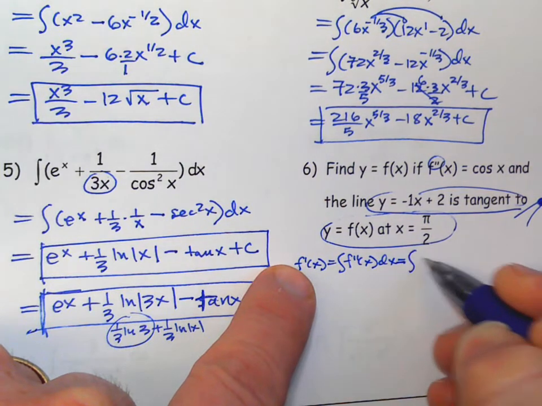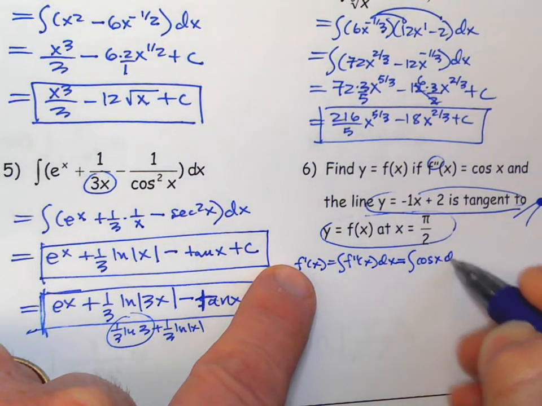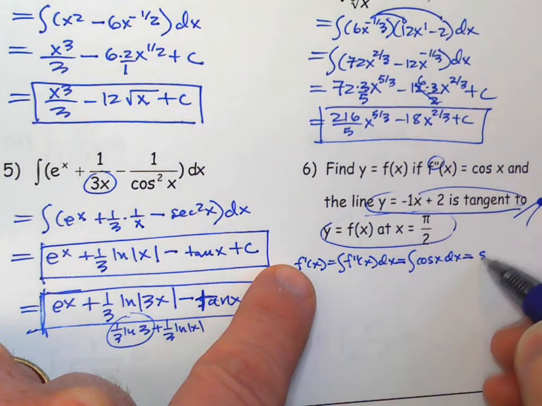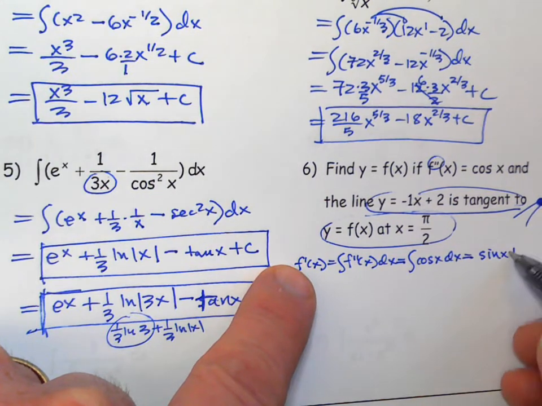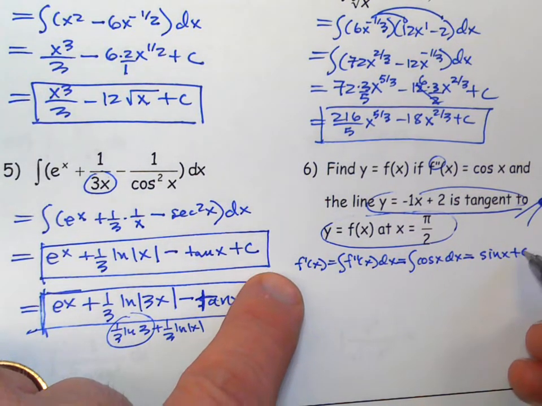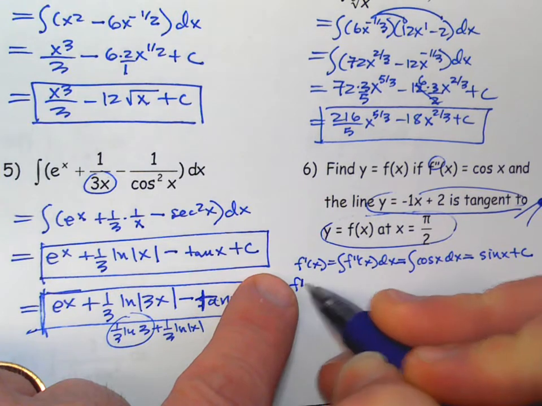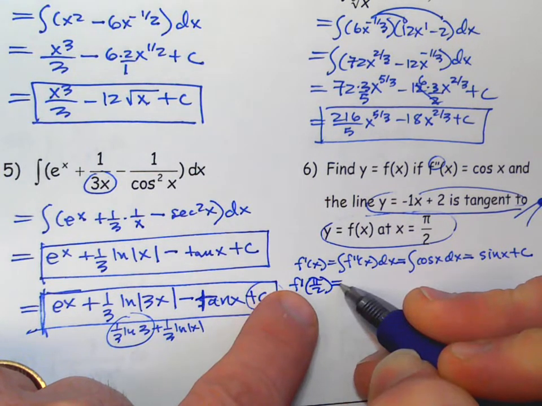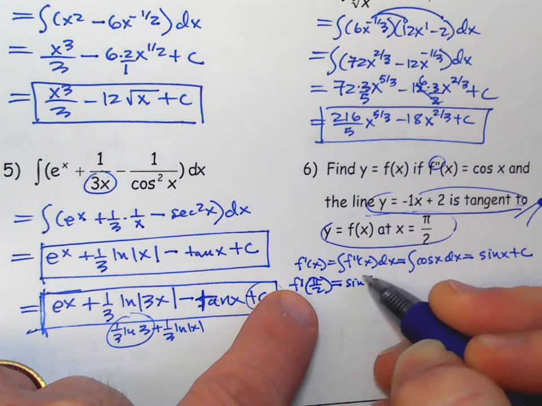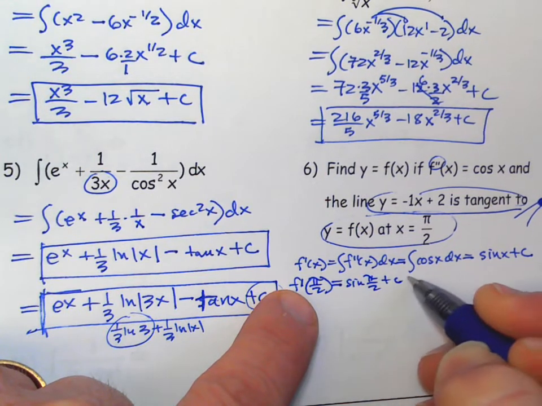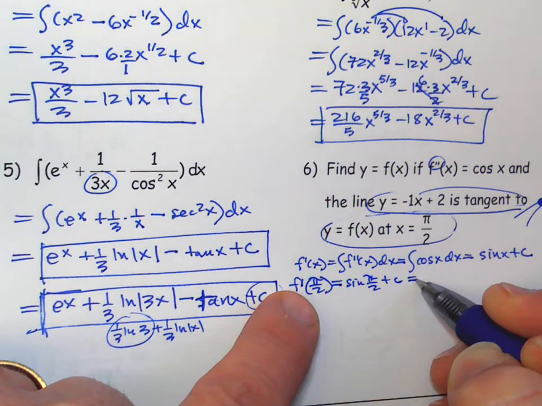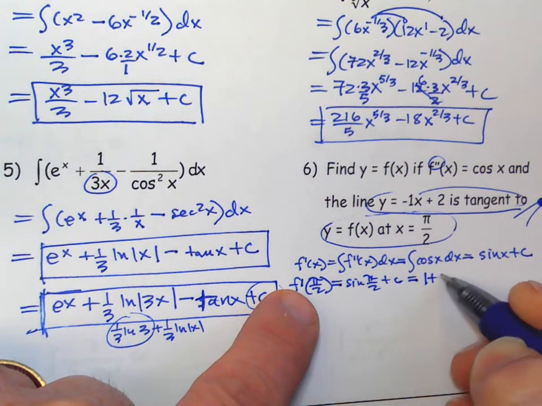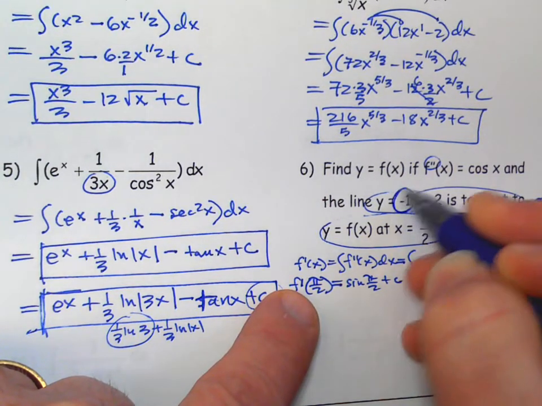And so we're going to integrate cosine x. And so we're going to get sine x, positive sine x plus c. So we want to find the c value right now. So we want to find, well, f prime at pi over 2 equals sine of pi over 2 plus c. Sine of pi over 2 is 1 plus c, and then the slope should match that.